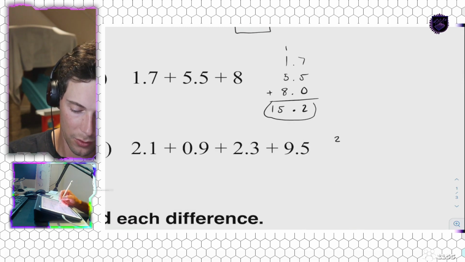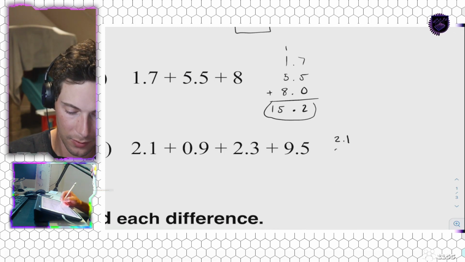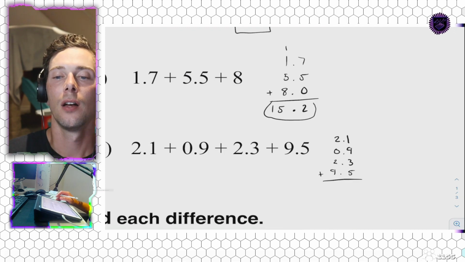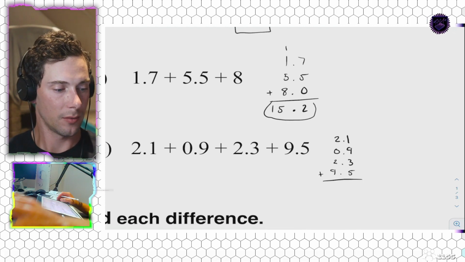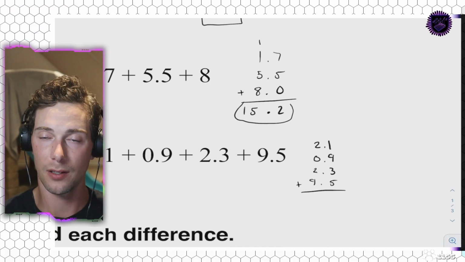You have 2.1, 0.9, 2.3, and 9.5. Then at the bottom, we're going to add them up. 4 numbers. Oh my goodness. That's a lot of numbers.